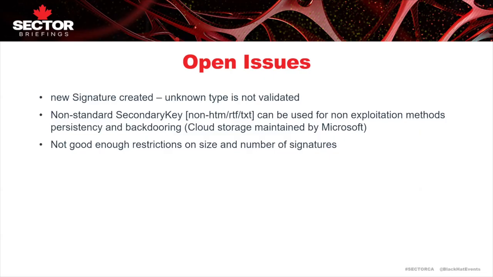Beyond HTML, RTF, or TXT, you can generate other, secondary types. They will not be dropped to your client, they will not be rendered, but they will be stored, so you can fetch them. So a red teamer can utilize that to save persistent code in the Microsoft Cloud, using a legitimate Microsoft API to fetch his next stage execution.